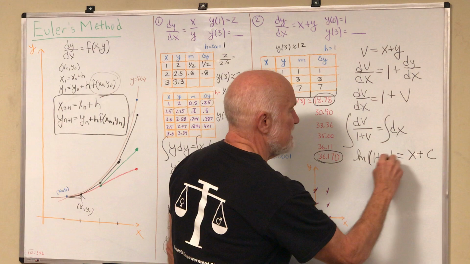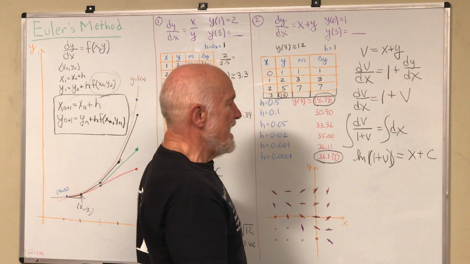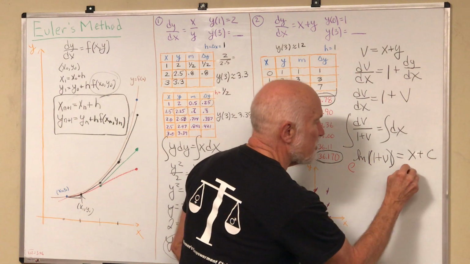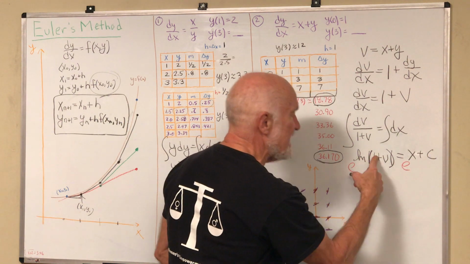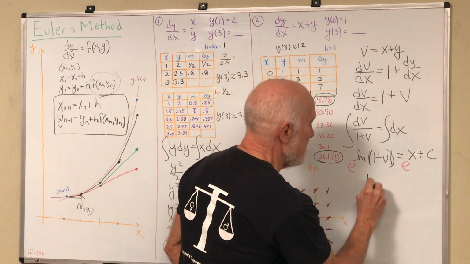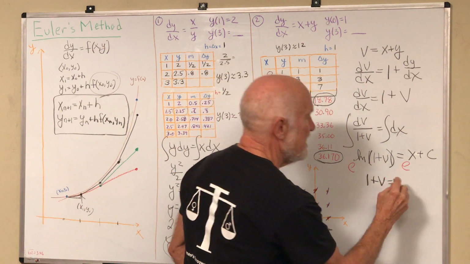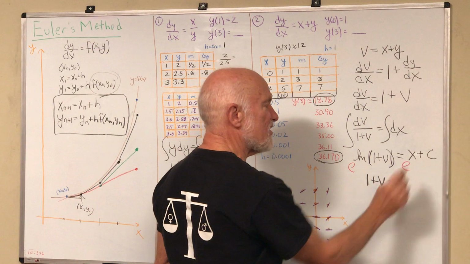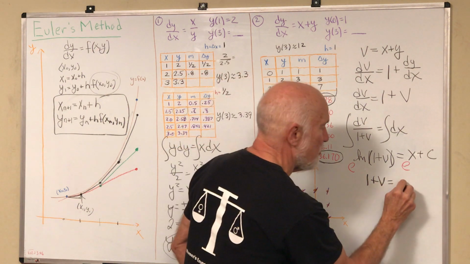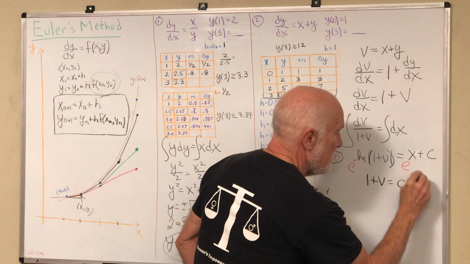I don't really need it. And now I can take e to both sides. If this equals this, then e to this power equals e to that power. And I get 1 plus v equals e to the x plus c, which is e to the x times e to the c, or just c e to the x.